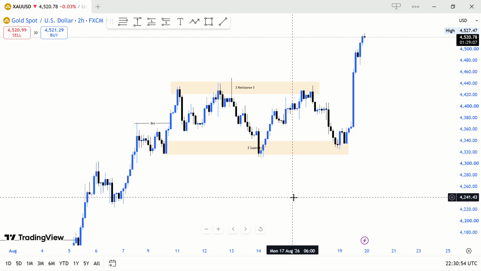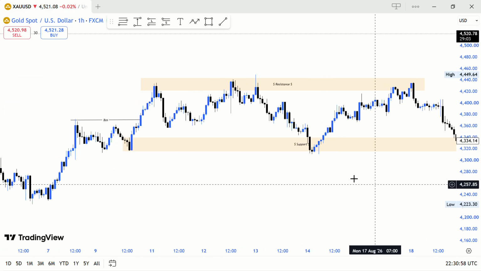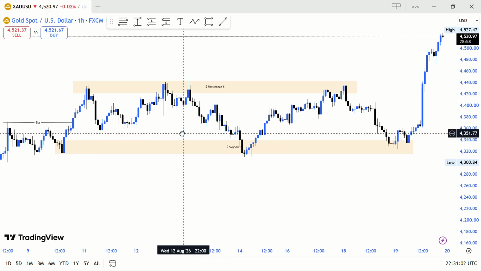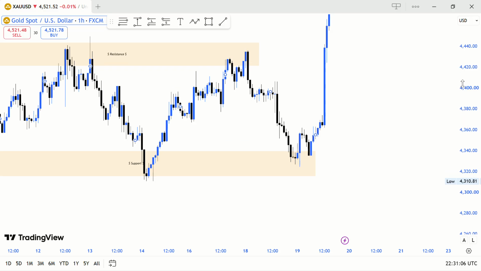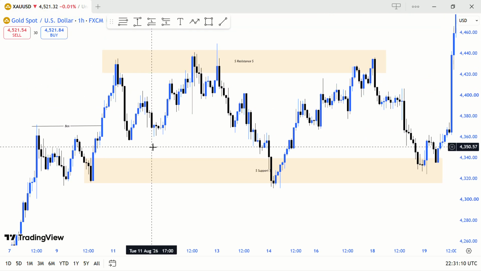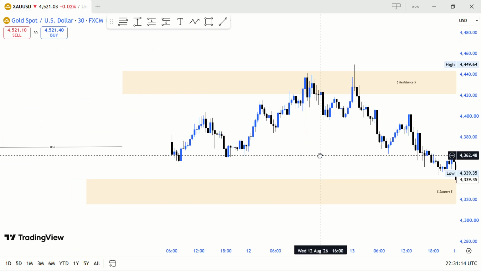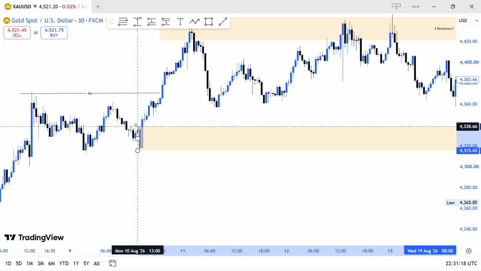So move on to the 1 hour rather. From the 1 hour time frame, the other block is still at the same level. So we move on to the 30 minutes time frame, which is at the same level.